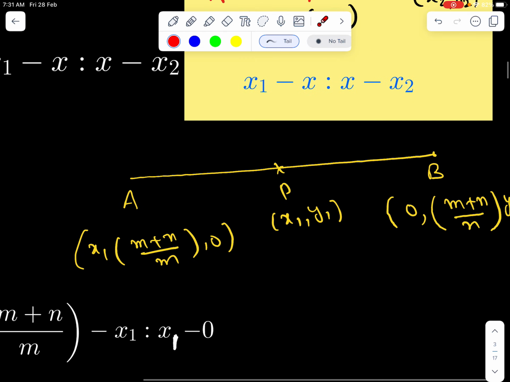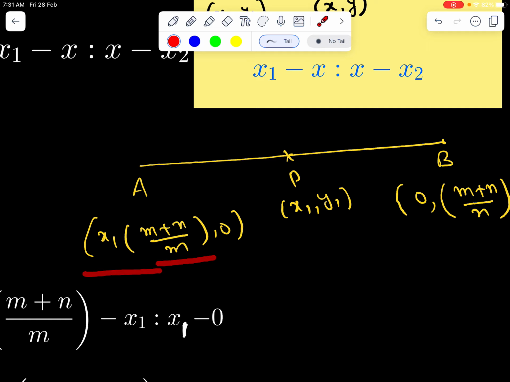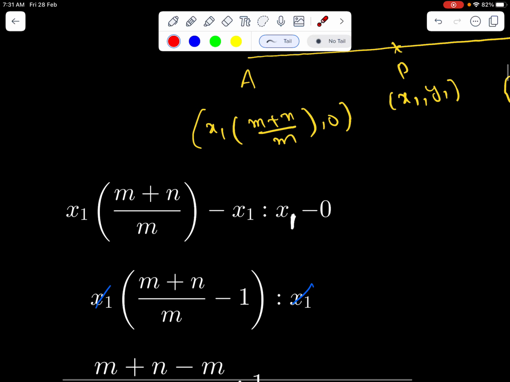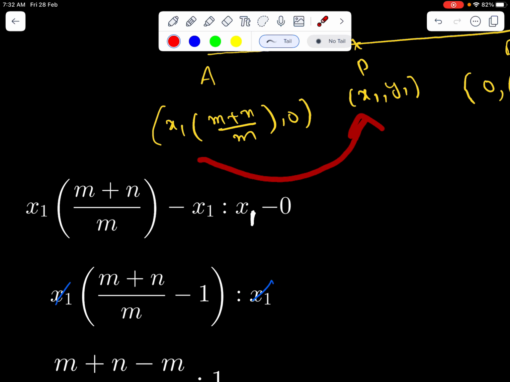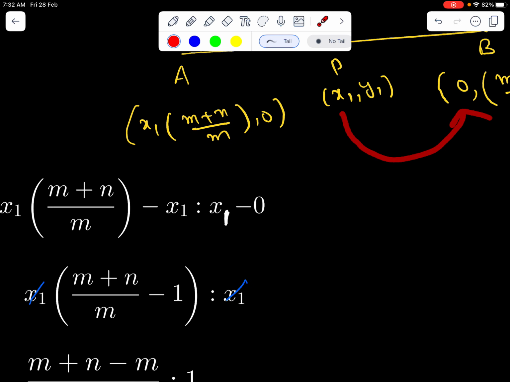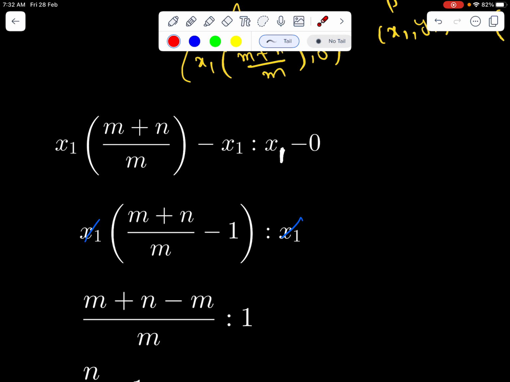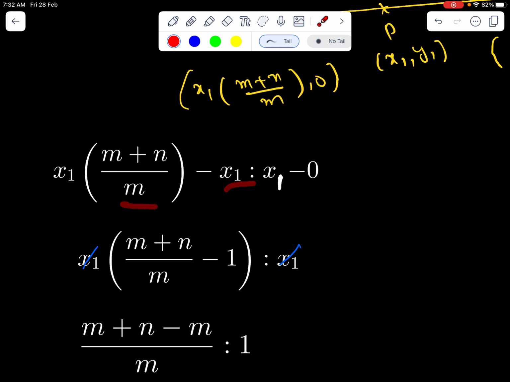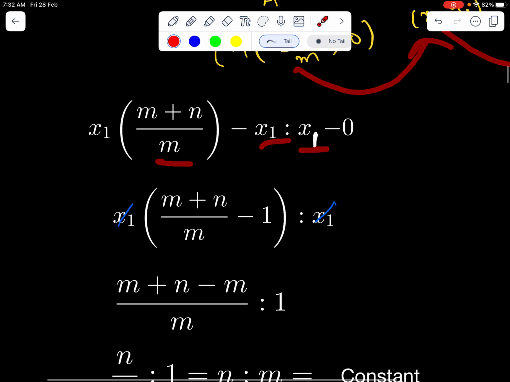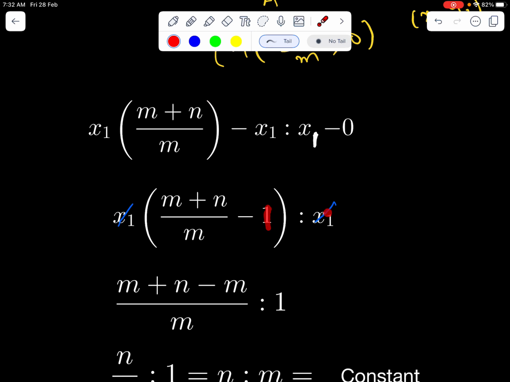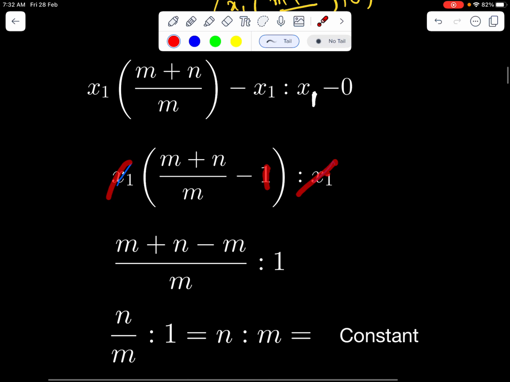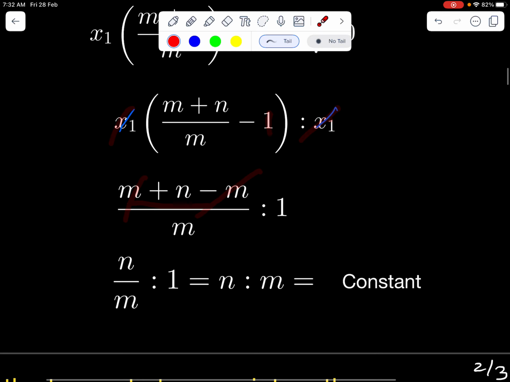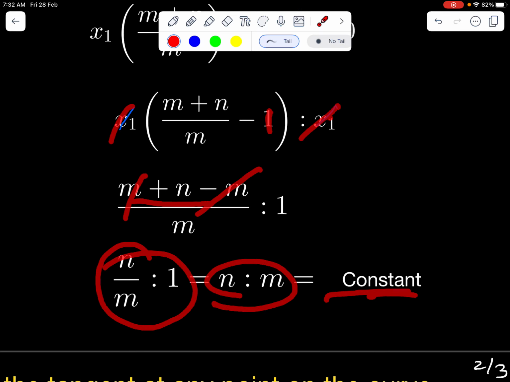Therefore, A is (x1(m+n)/m, 0), P is (x1, y1), B is (0, y1(m+n)/n). Therefore, (x1(m+n)/m - x1) : (x1 - 0). Take x1 common: x1((m+n)/m - 1) : x1, x1 cancels. Therefore, (m+n)/m - 1 = n/m, so the ratio is n/m : 1. Therefore, n : m is constant.